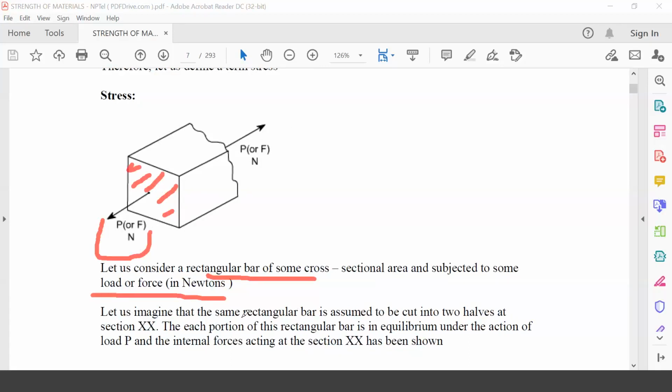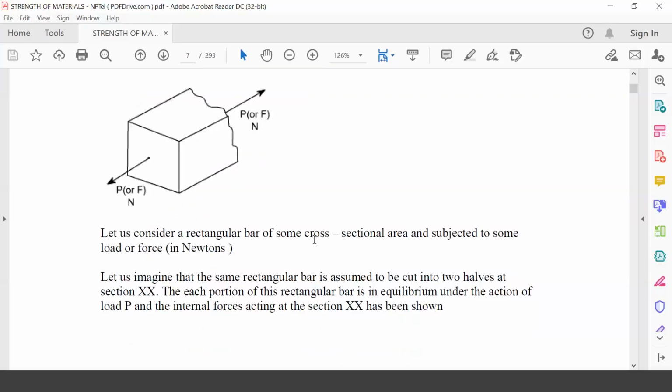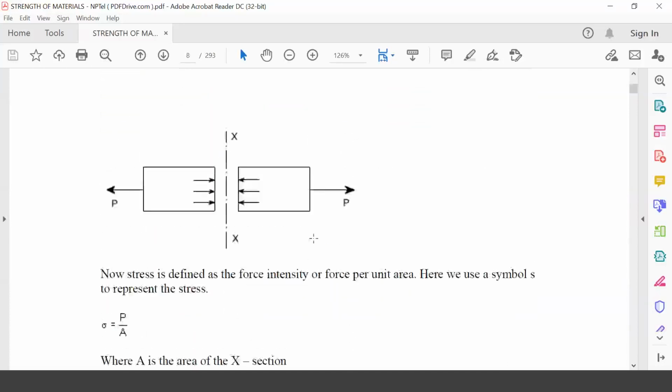I hope all of you can see the screen. So what is stress actually?